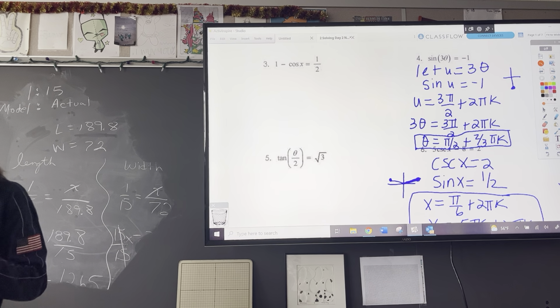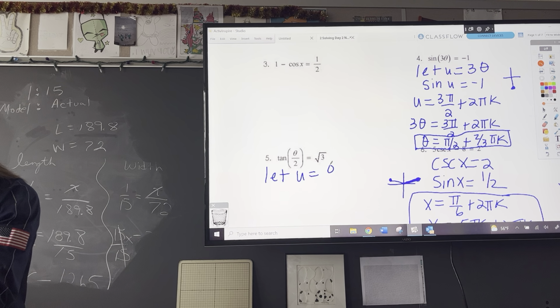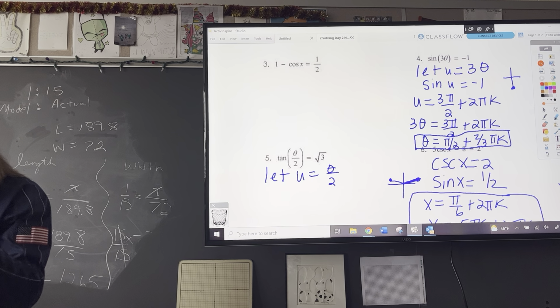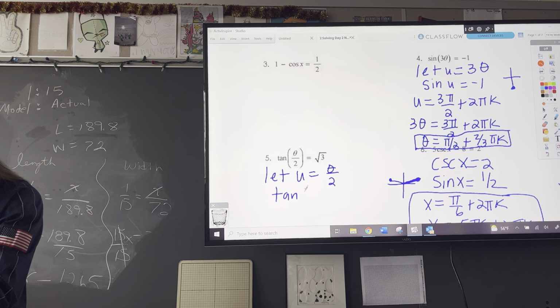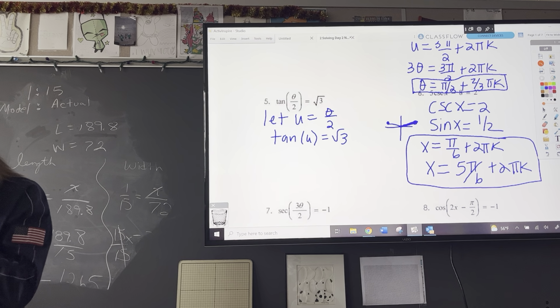All right, so number 5. Let u equal theta over 2. This one's pretty basic because now this just says the tangent of u equals root 3. And hopefully, it's been a while, but we have that memorized, that those are special angles.